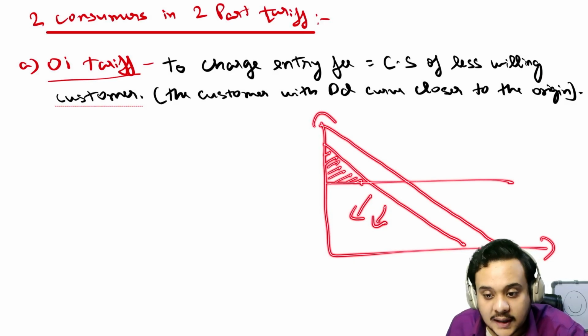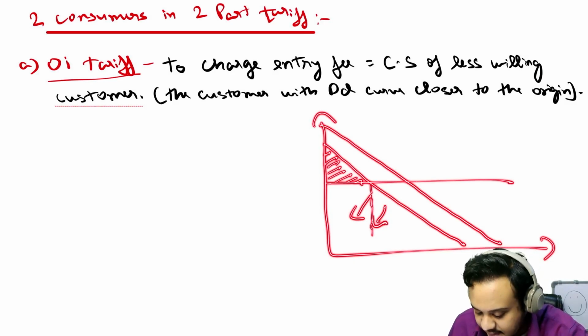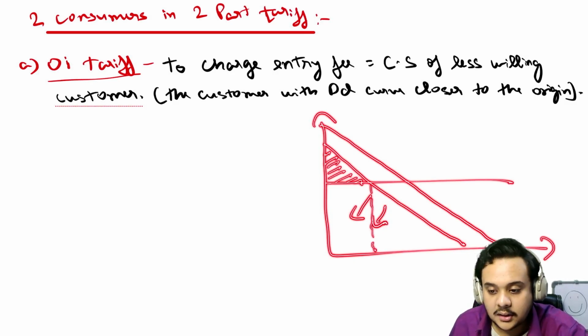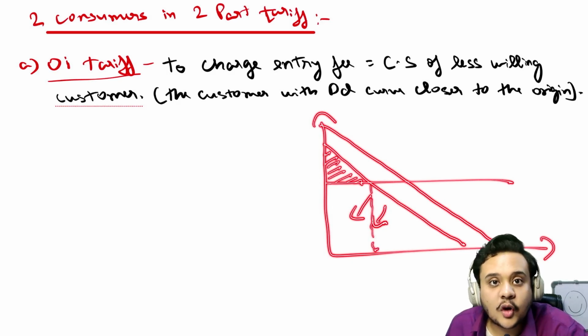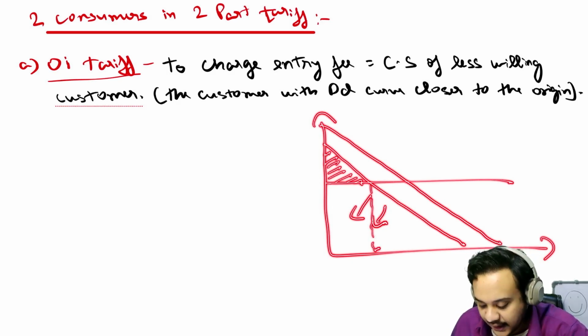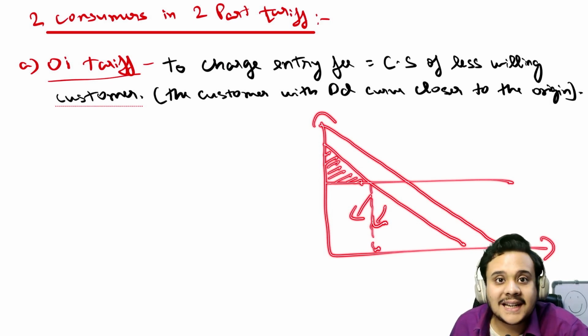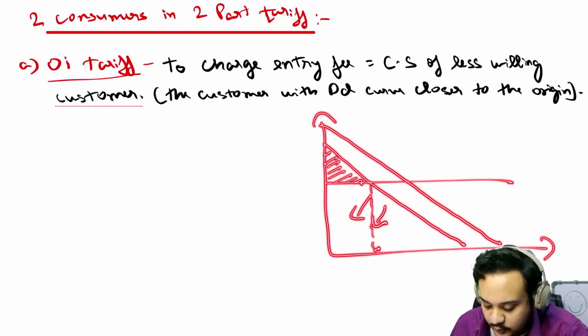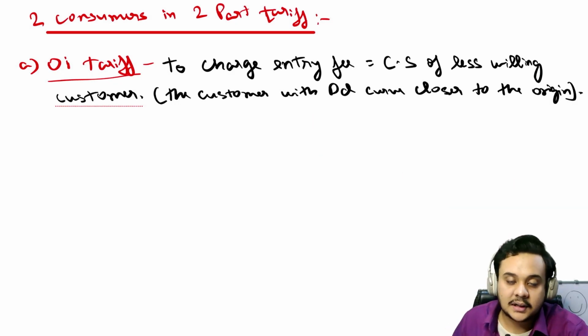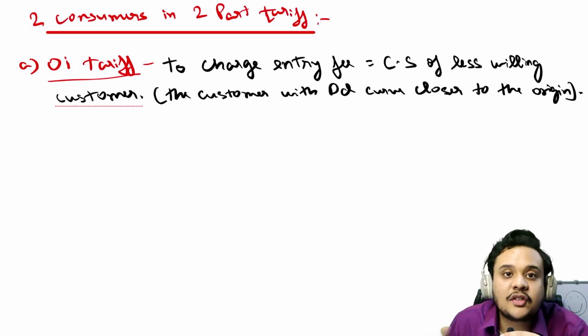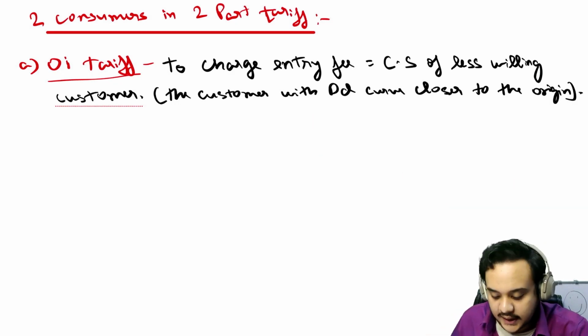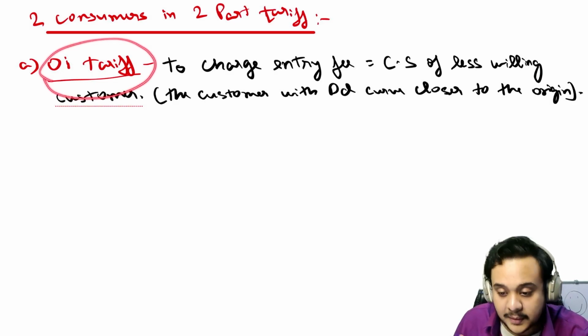That is how you find out graphically that this customer has lesser demand. You do not want to chase him away, you want him also. So whoever has the least consumer surplus or the least demand, that is going to be the entry fee that you charge every other customer. That is how you decide the entry fee in the OI tariff method.